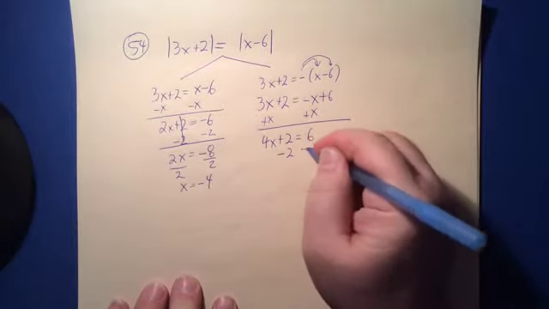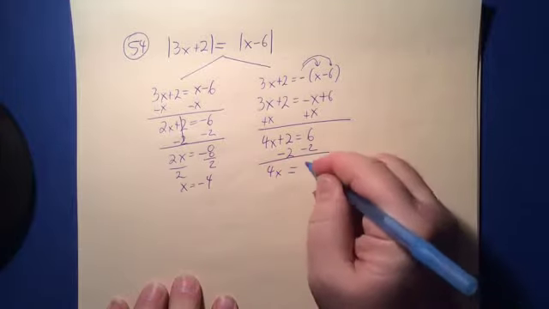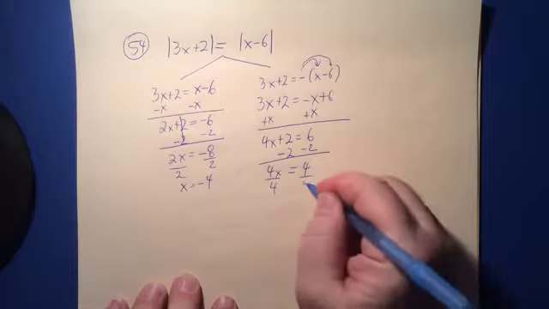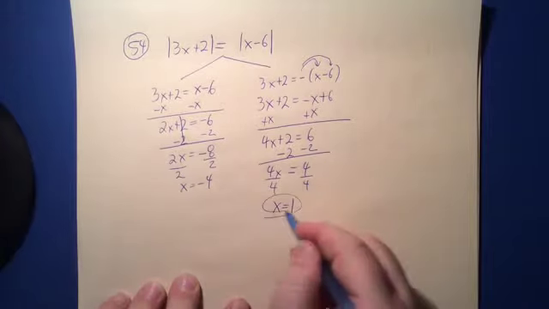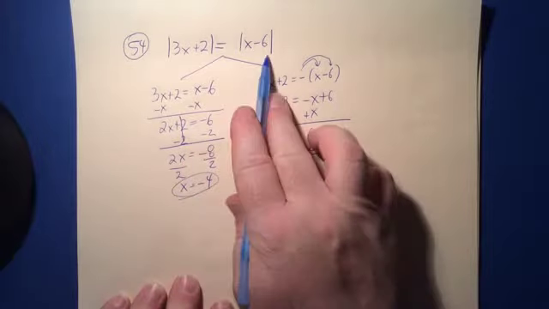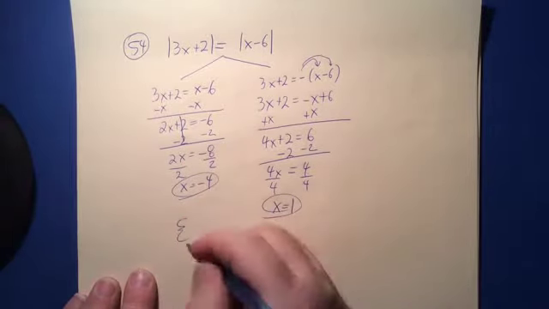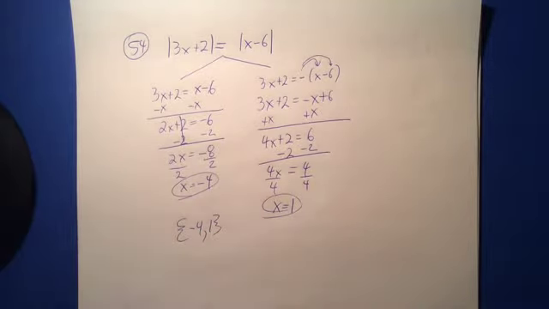Here I'm going to subtract 2, so it's going to be 4x is equal to 4. Now I divide by 4. X is going to equal 1. So now I have two solutions for this up here, and I can write this in set notation as negative 4 and 1. These are my two solutions for problem number 54.